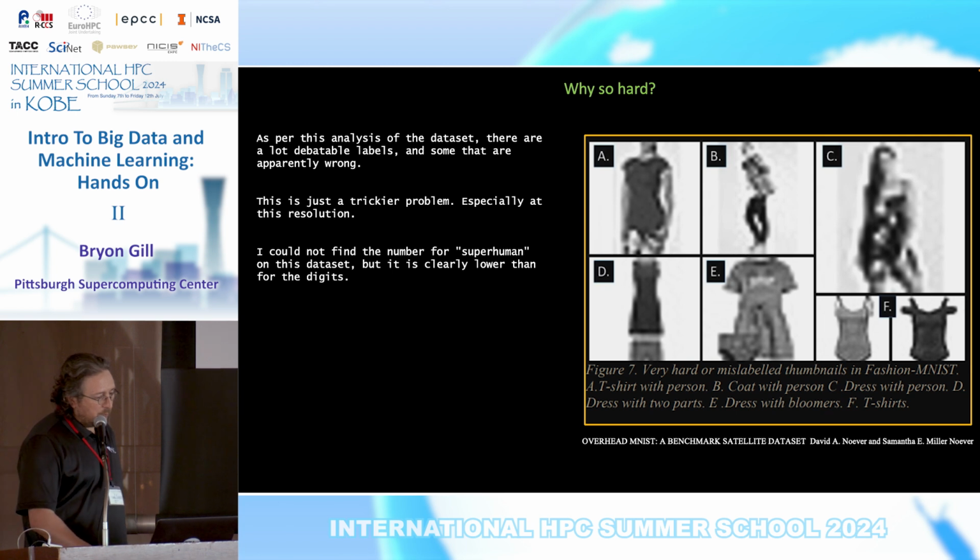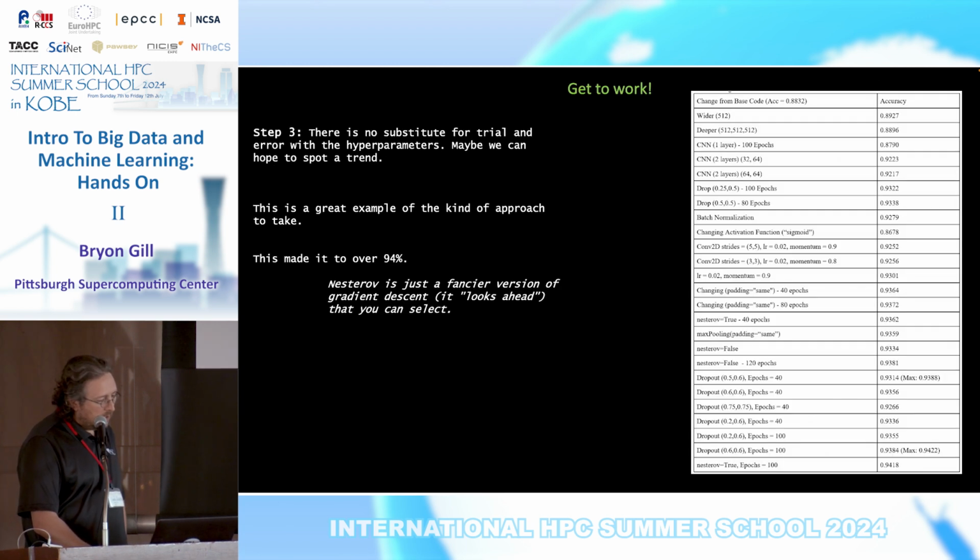So this is a bit of a tricky problem, and we don't have a clear number for what's superhuman on it. But here's an approach that got over 94% with this set of hyperparameters. And let's see, what was it in this one? Sorry, this was changing the gradient descent in order to speed that one up. And you can look at all these hyperparameters. Like I said, we're going to go pretty quickly through this here.